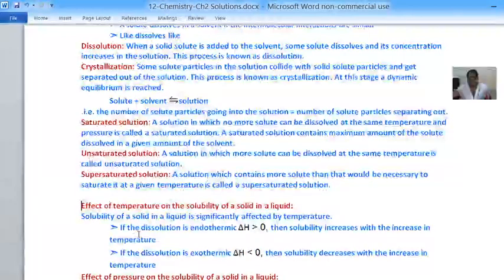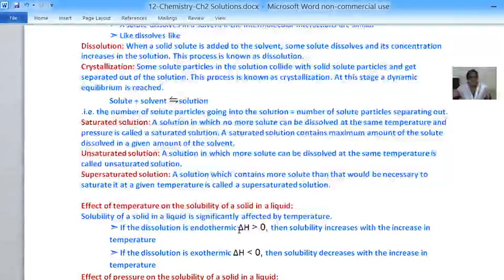If the dissolution process is endothermic, the delta H, that is the enthalpy of the reaction, will be greater than 0. Then solubility increases with the increase in temperature.